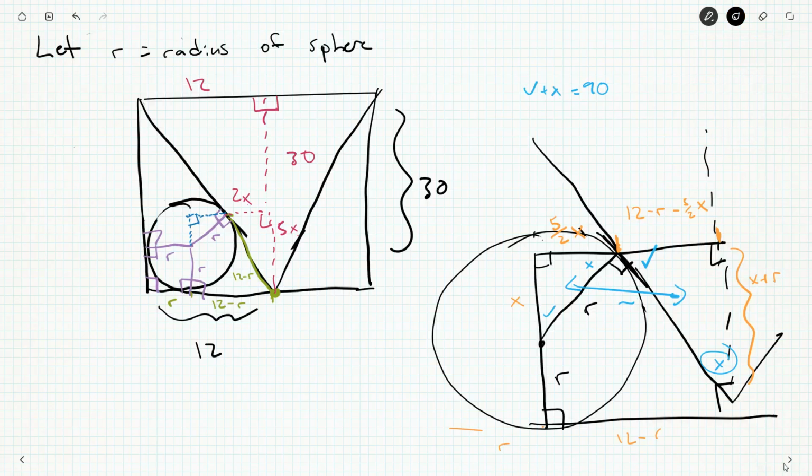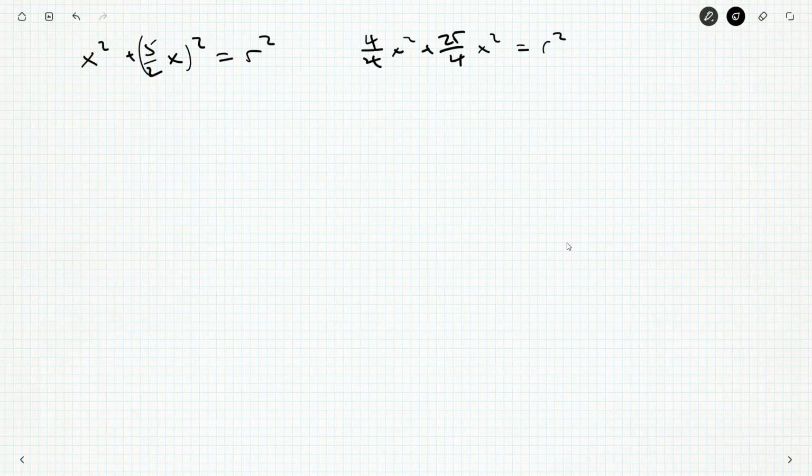That gives me two equations and two unknowns. So x squared plus 5 over 2x all squared is equal to r squared. That's going to be 4 over 4x squared plus 25 over 4x squared is equal to r squared. R squared is going to be 29 over 4x squared. And I don't like that 29 there because it's not going to have a nice square root.